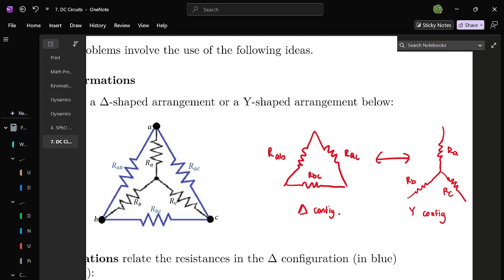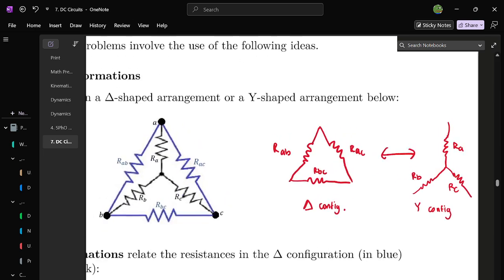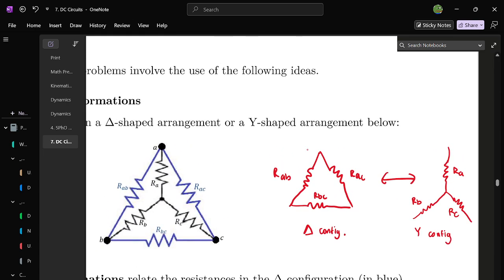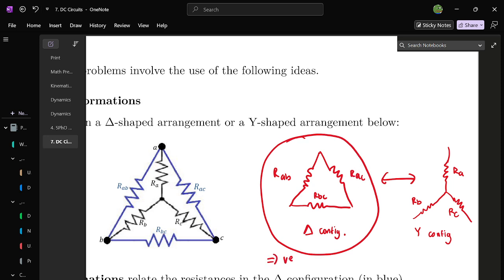You can always convert between these two using a formula. And this is quite useful because when you deal with circuits of a delta configuration, it's usually very hard to deal with.